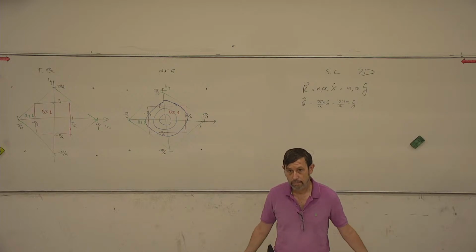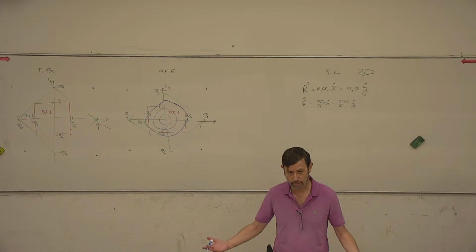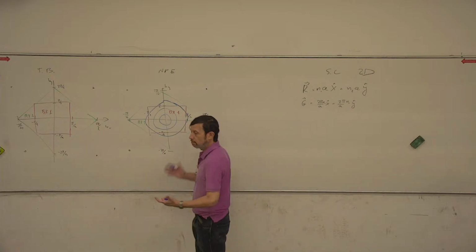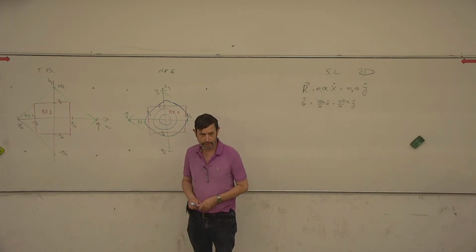That's fine. There's no penalty to move to the second Brillouin zone. So, very simple, very clear.